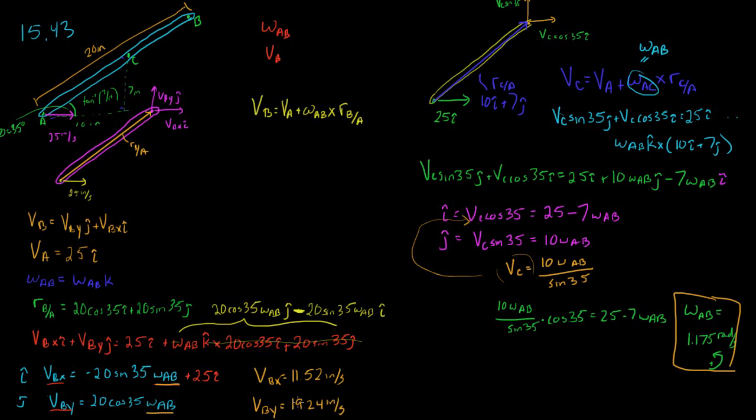Now we can get the magnitude of this velocity, so our velocity of b is just going to be equal to the square root of 11.52 squared plus 19.24 squared, and this is going to give us 22.42 inches per second, or 1.86 feet per second.